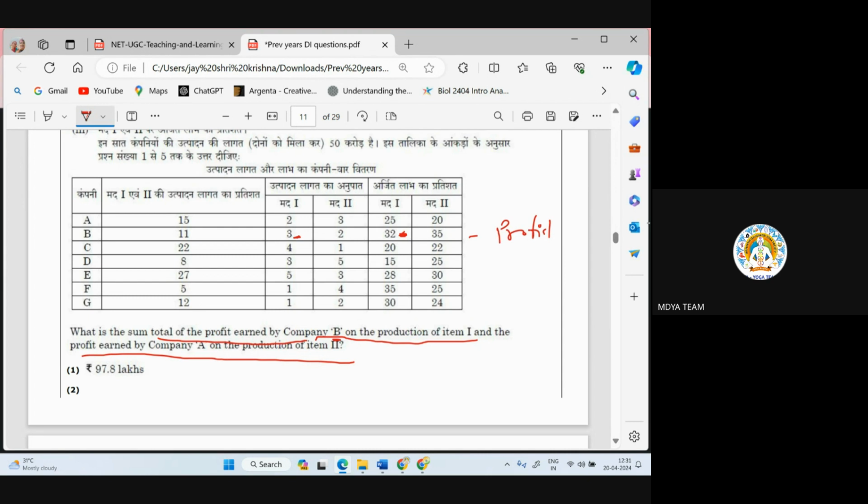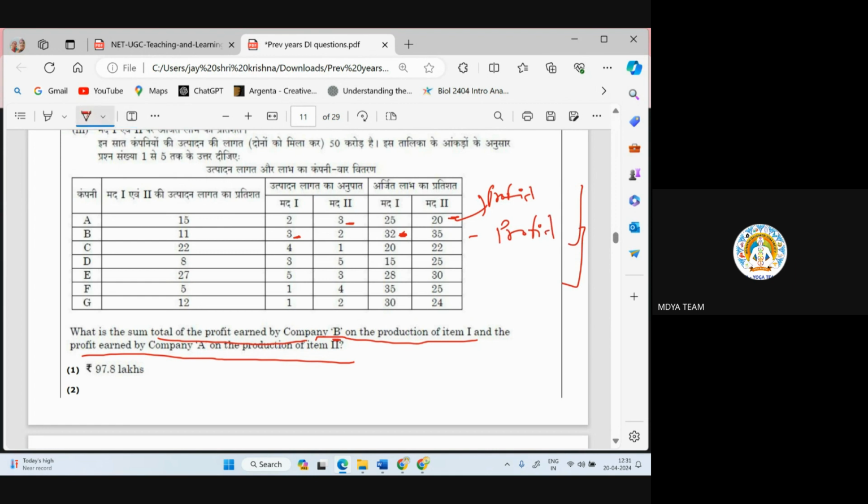First we need to calculate the cost price of item 2 by company A. Then we already know the profit percentage of item 2, so we can calculate the profit. We will add these two values, not the profit percentage. Profit percentage is already given there. We can calculate it by the same formula we used in the last question.